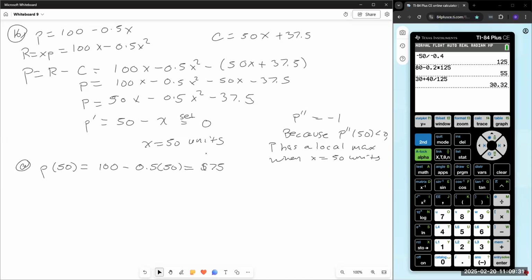Then we want to know what the average cost will be at that point.